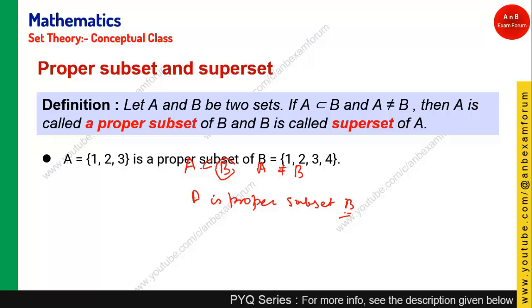How is A a proper subset of B? Because A is a subset of B and A is not equal to B. Why is A not equal to B? Because there is one element, 4, which is not present in A. That's why A and B are not equal sets. So that's why A is a proper subset of B, whereas B is a superset of it.